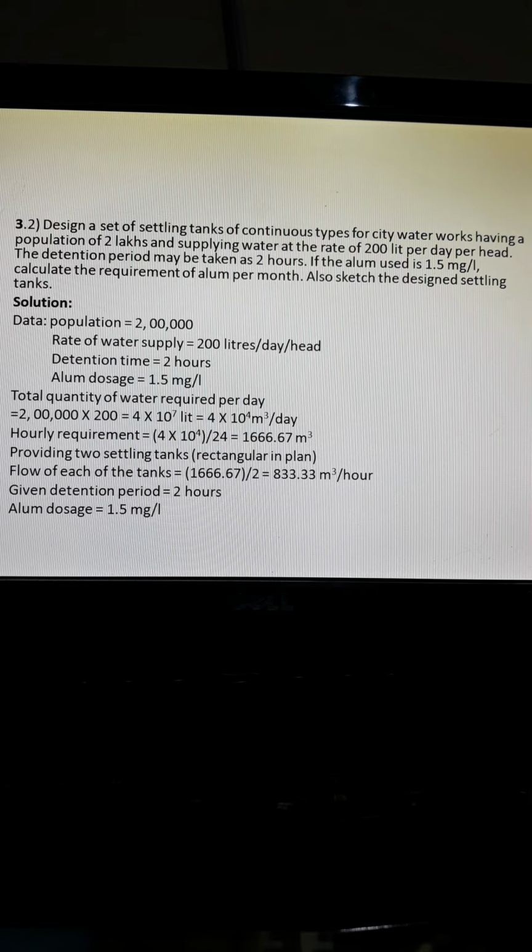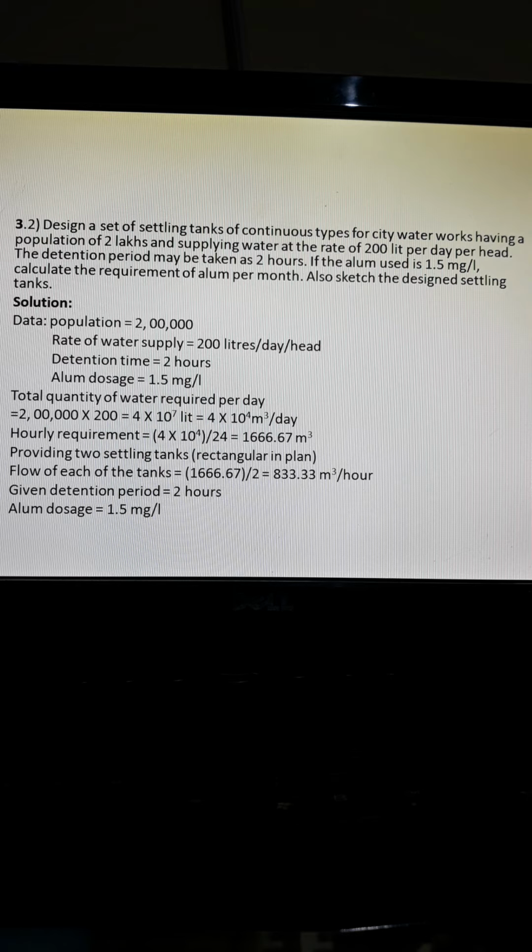The detention time may be taken as 2 hours, and if alum is used at 1.5 milligrams per liter, you also have to calculate the requirement of alum per month, and sketch the design of the settling tanks.